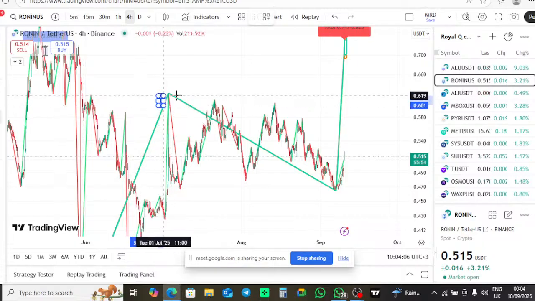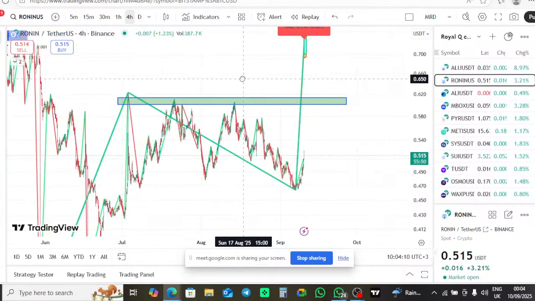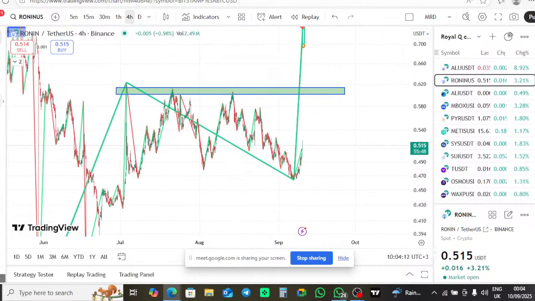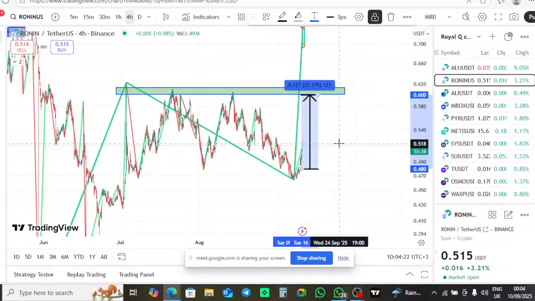We can consider this area first before you do anything. That is the possible target you could look at. Now from here you could look at this target, which is 25%, and you can keep this coin on cycle mode until you hit the 25, or else you can write there your 25 and leave it there until you hit your 25%.